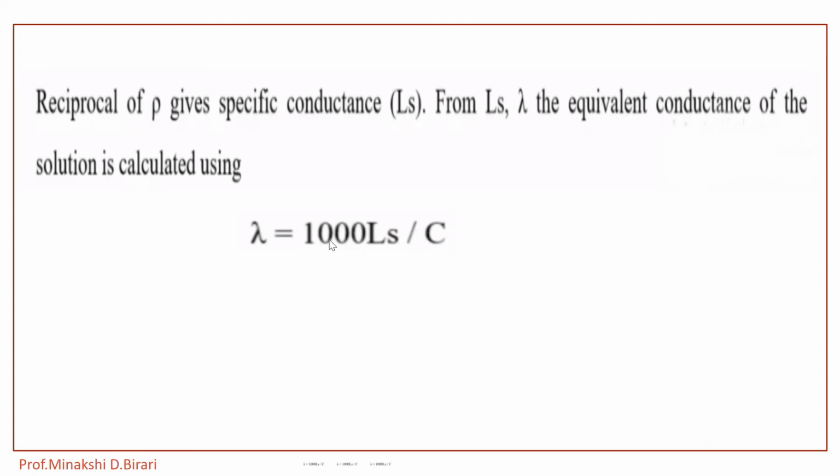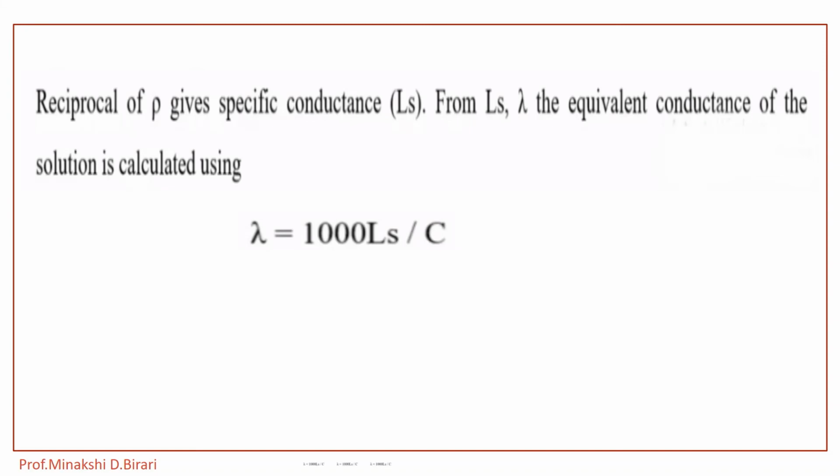So reciprocal of rho gives the specific conductance, and from Ls the equivalent conductance of the solution is calculated. So by using Wheatstone-Bridge circuit, we can calculate cell constant, equivalent conductance and specific conductance.